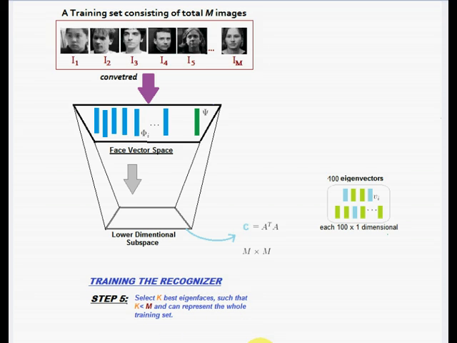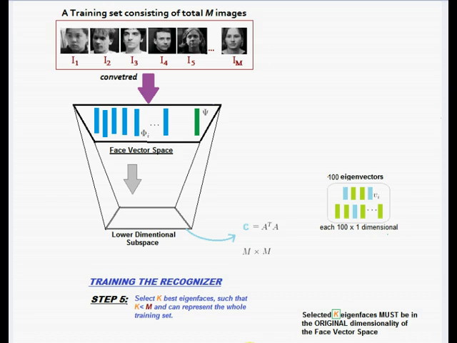This is a requirement: the K eigenfaces must be equal to or less than M, and they must be able to represent the whole training set. They must not leave out any important information about the data. These K eigenfaces are selected heuristically, that is, by artificial intelligence procedures.